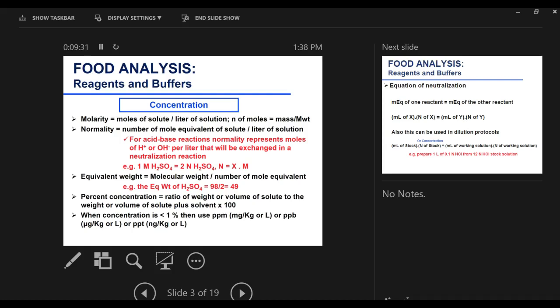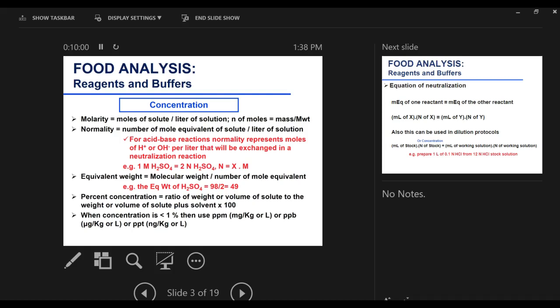Okay? This comes in handy when we want to determine the concentration of our organic acids. Some organic acids have 1 carboxyl group, that means they give up 1 hydrogen. Other organic acids have 2, others have 3. So when we calculate and we want to determine the percentage of our organic acid, we take into account in the equation the number of mole equivalents.